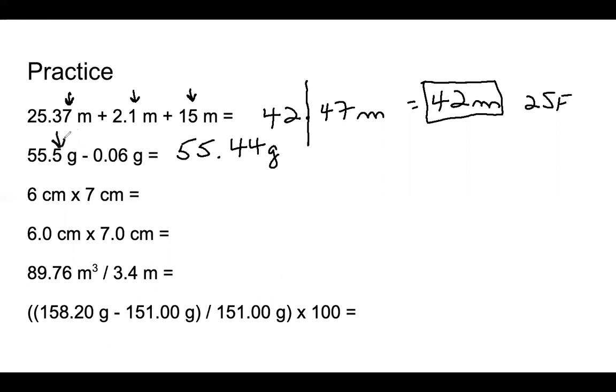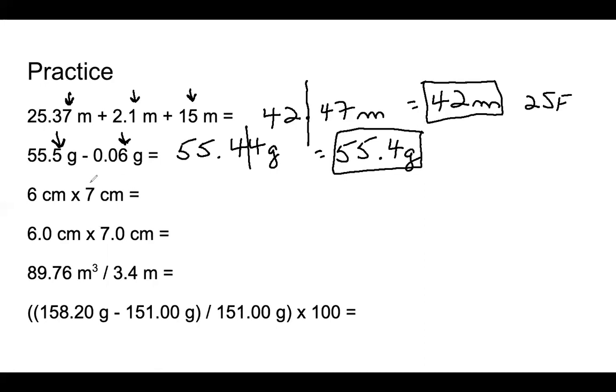So here we're at the first decimal place. Here we're at the second decimal place. So the least precise is the first decimal place. We have to cut it off at the first decimal place. We do not round up. So our answer is 55.4 grams.